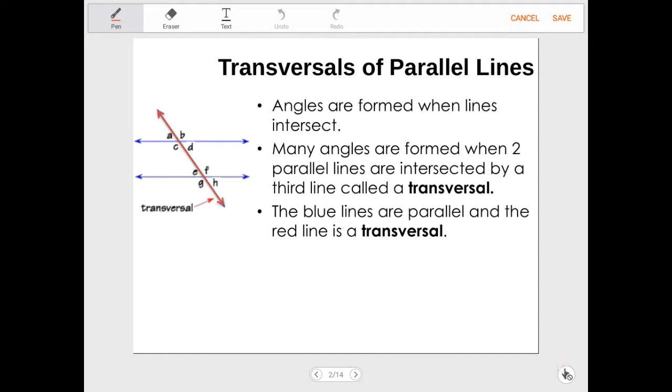What we're looking at today is called transversals of parallel lines. If you look at this example, the two blue lines are parallel lines. That means they run straight side by side next to each other. They'll never get closer, never get further away. The transversal is a line that runs through the parallel lines, obviously not straight, like perpendicular.